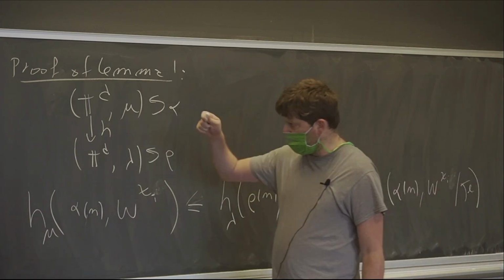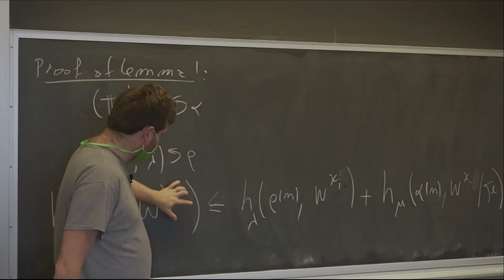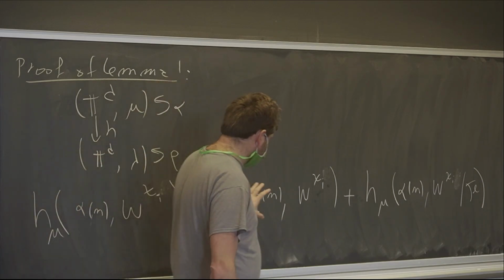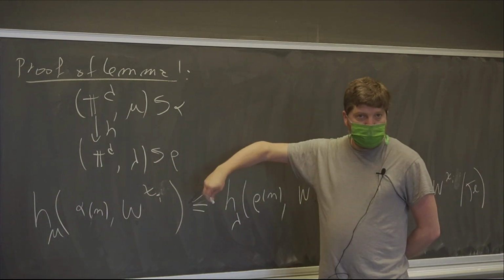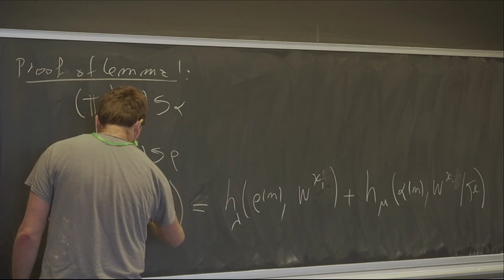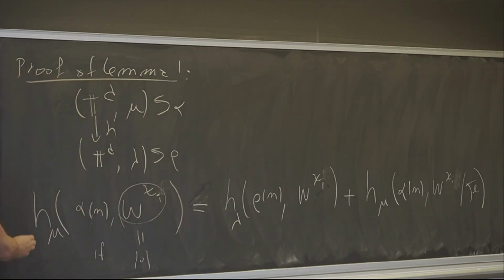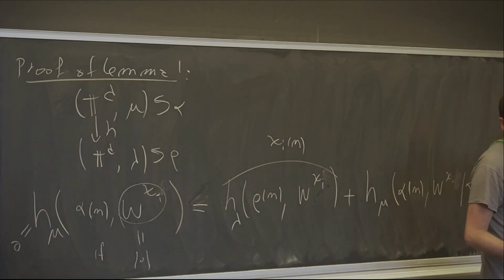So not for the coarse of the guy upstairs, but for the coarse downstairs, where this could be empty, there is no problem, and I need equality. Once I have this, the equality I get by summing. Remember that whenever I get the inequality, I sum over everyone and apply the standard argument, and I gain the equality. So imagine that this was empty. If this were 0, then I have 0 contribution here, while this guy is chi_i of n, and this guy doesn't matter. Actually, it has to be 0 because that guy there is 0. But then I get 0, 0, and a chi_i of n there. So this is impossible.